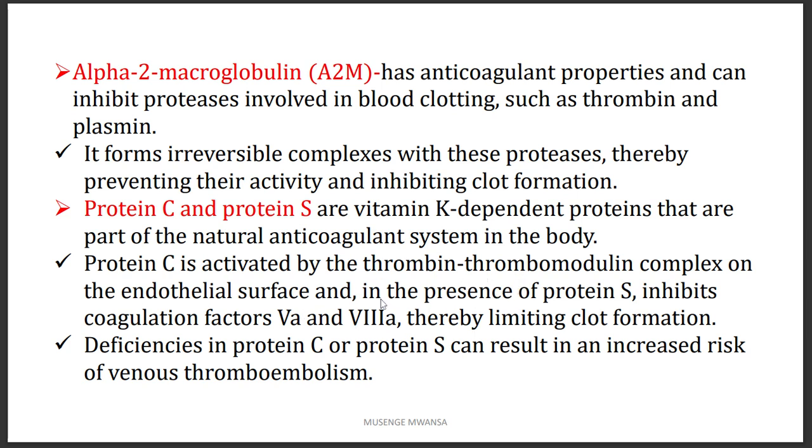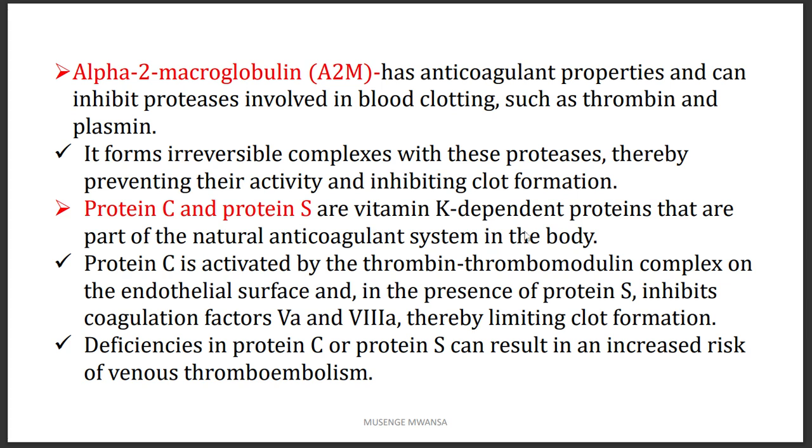Okay. And then the 8A is the one which converts factor 10, this is a clotting factor, to activated factor 10. So if we don't have 8A, we are not going to convert factor 10 to activated factor 10, which is part of that complex which converts prothrombin to thrombin, which will then convert fibrinogen to fibrin in that way.